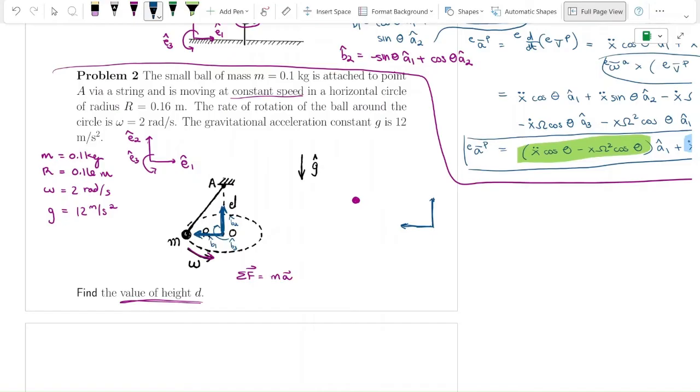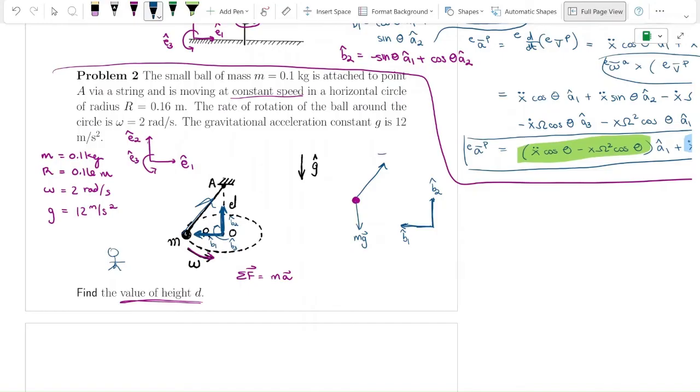So what force is acting on the ball? We have gravity, of course, acting always in the downward direction. And then we also have tension, which is in this case acting in this direction in terms of the B frame. By writing in terms of the B frame, we account for the fact that the ball is rotating around and the tension points in different directions to someone standing in the ground frame, in the E frame.